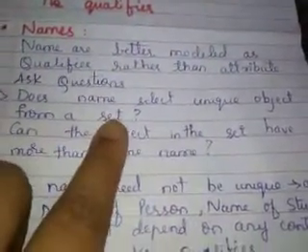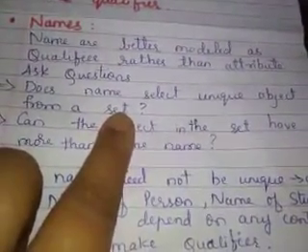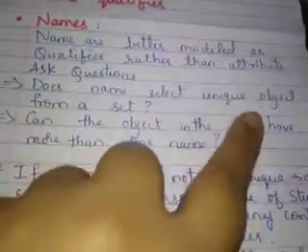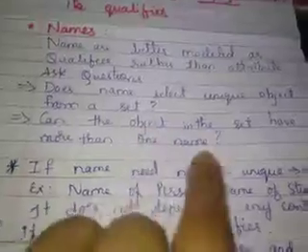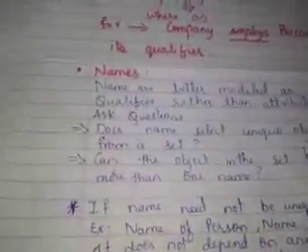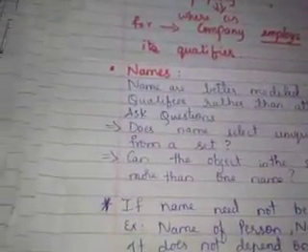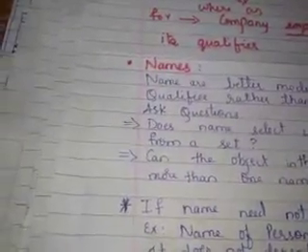an attribute. So whenever a name comes across, we should ask two questions. Does the name select a unique object from a set? And the second question is, can the object in the set have more than one name?